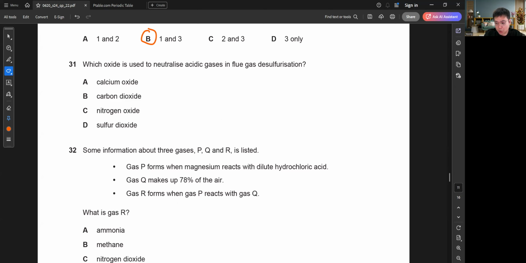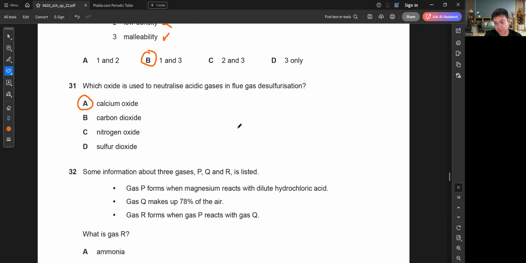So do revise your blast furnace chapter. Basically, calcium oxide is used to remove the flue gas. Please refer to the blast furnace chapter. Okay, very important.